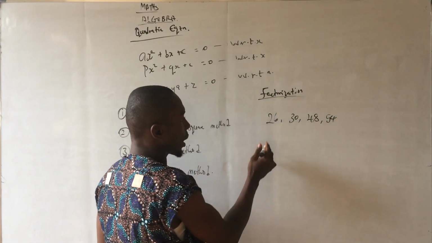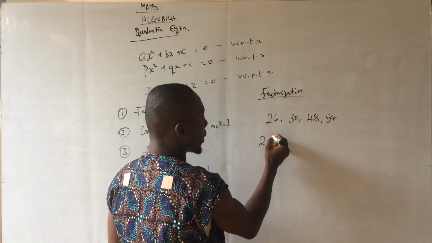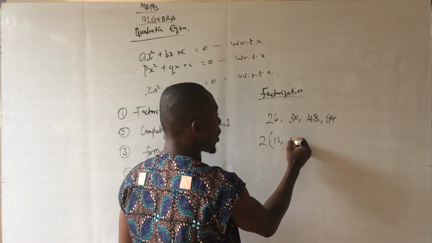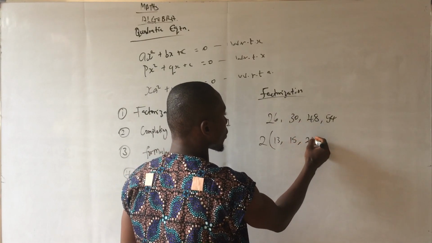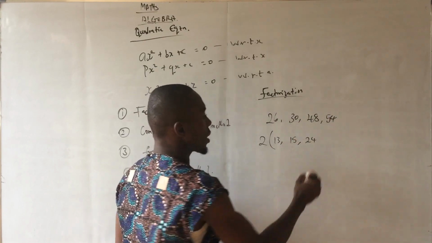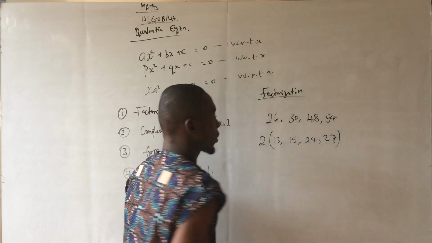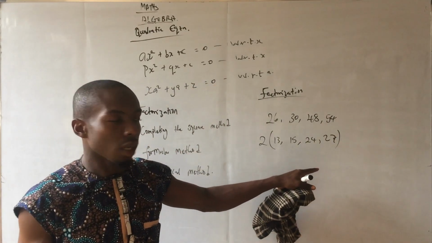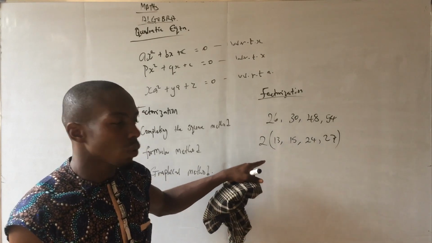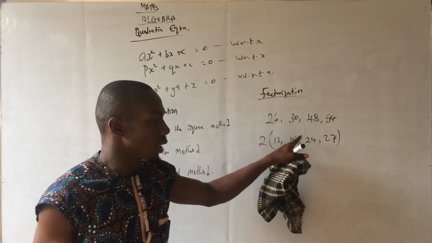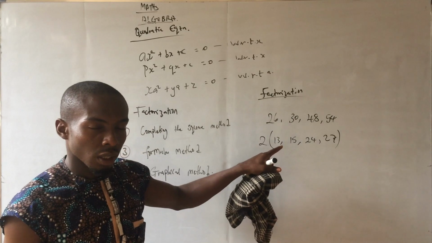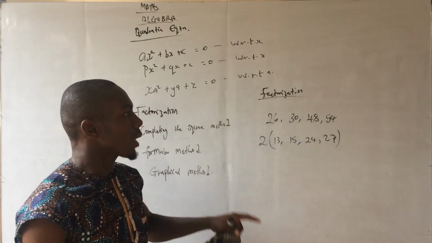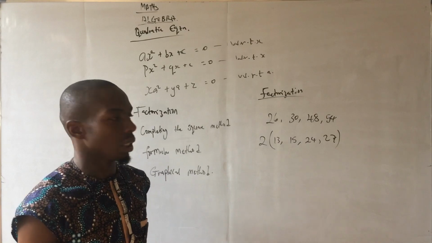Here we see that 2 can divide. If we bring out 2, we have 13, 15, 24, 26, 27. And there is no other number that can divide all of them without remainder. So we have factored out 2 from these numbers. Do you understand? So that is what factorization method is.